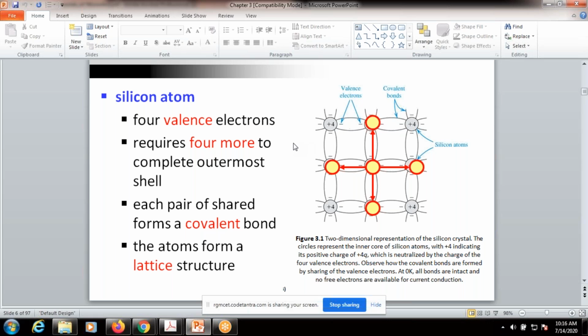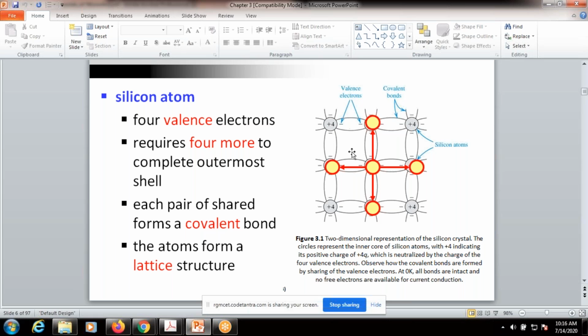Now you need not draw the symbol as circle after circle with first shell, second shell. Try to represent atoms like this: a simple small circle, inside plus 4, that is the proton charge, and outermost shell electrons, 4 electrons, negative charge. These are all the valence electrons.